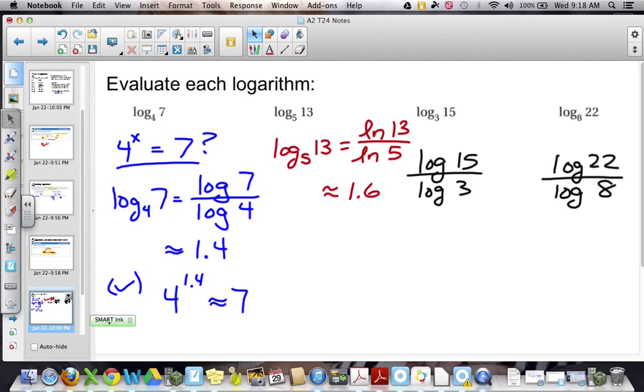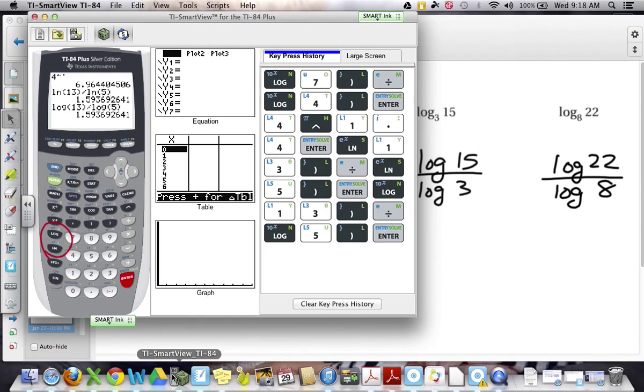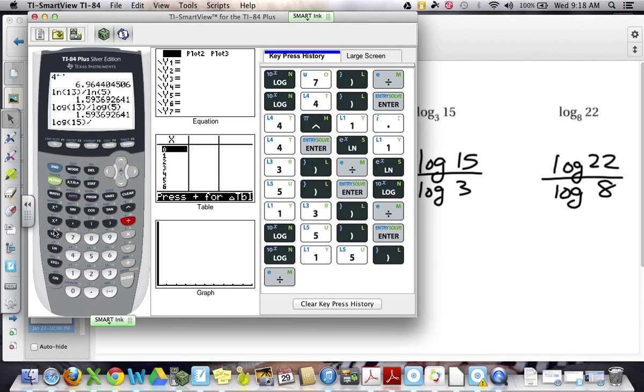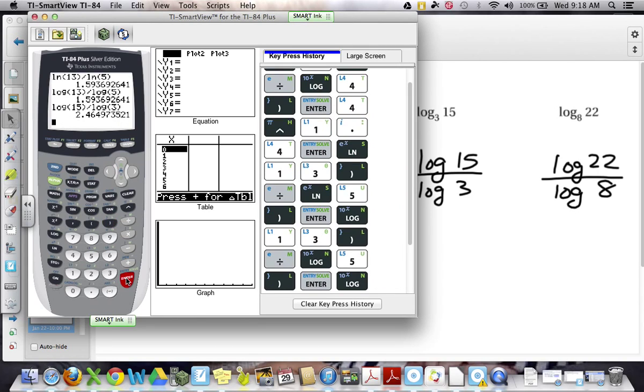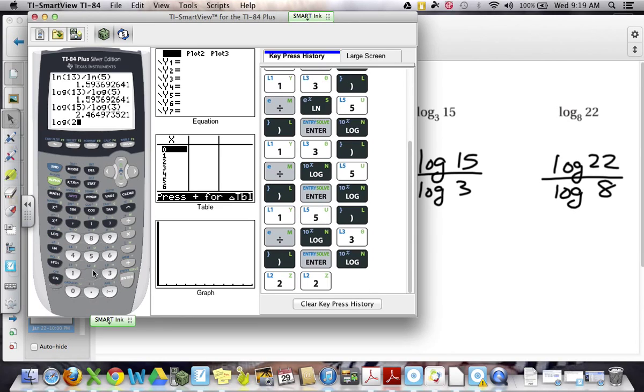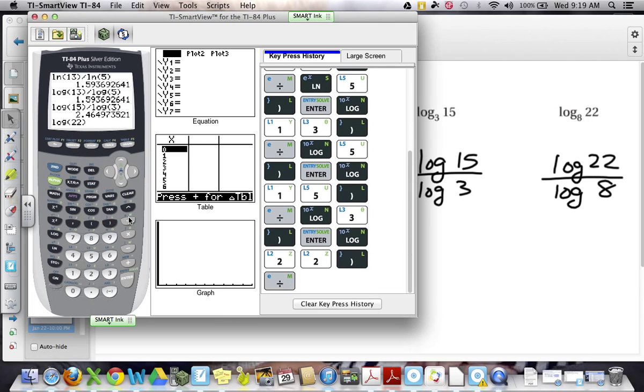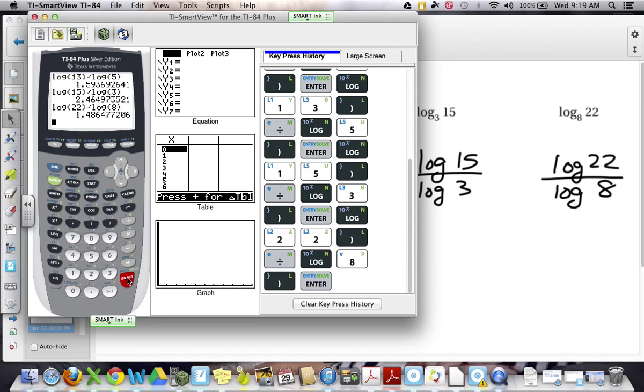If we calculate those, log of 15 divided by log of 3 is about 2.5, and log of 22 divided by log of 8 is about 1.5. So those are the last two answers, about 2.5 and about 1.5.